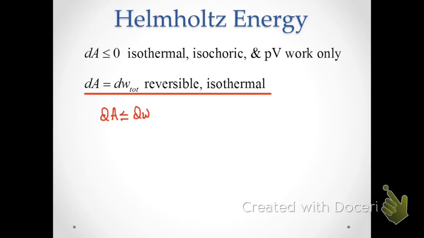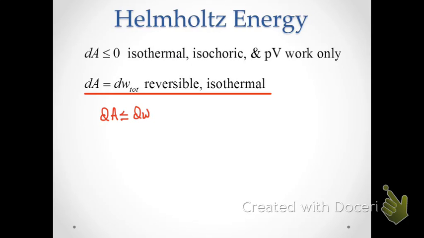Now, what else does it mean here? What's important to note is that, as we just said, this is less than or equal to 0 when we consider only PV work, but if there are other types of work involved, then what we're going to find is that dA is less than or equal to dW total. For a reversible process, it's equal to dW total.